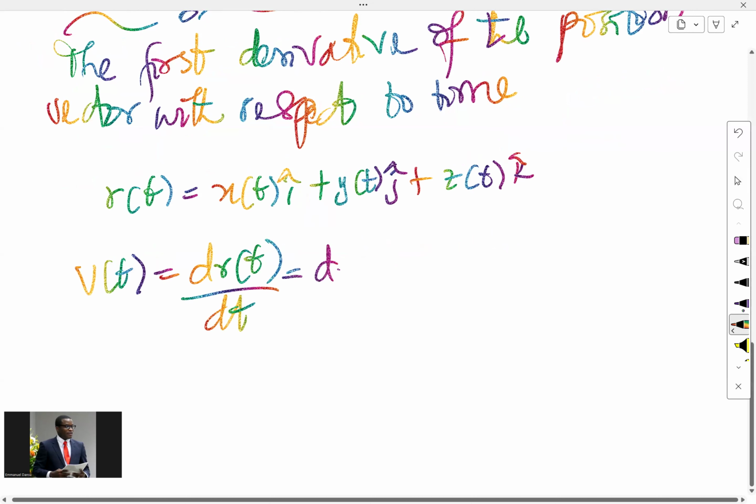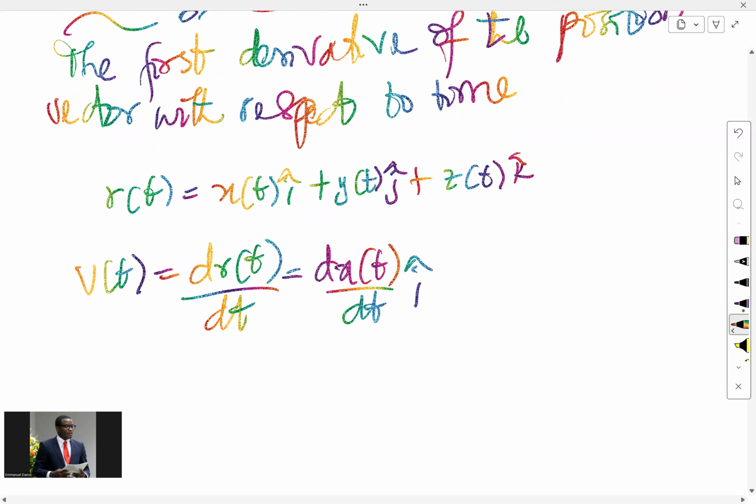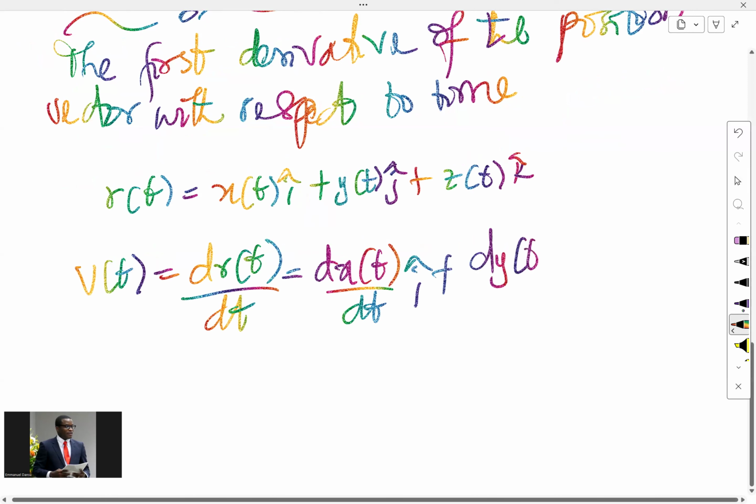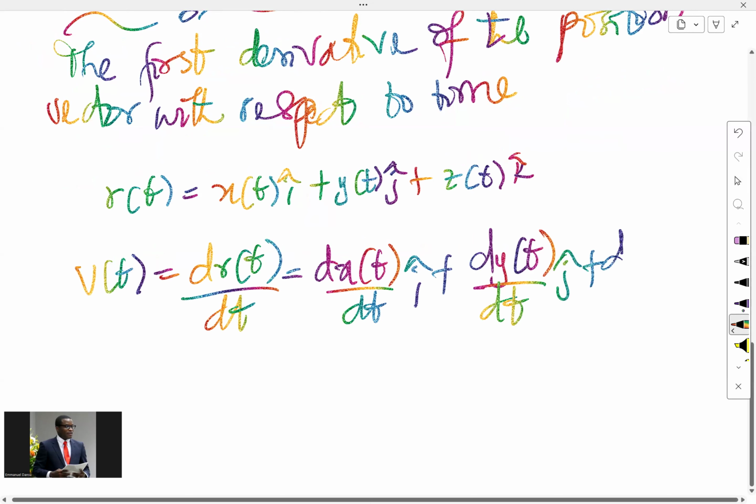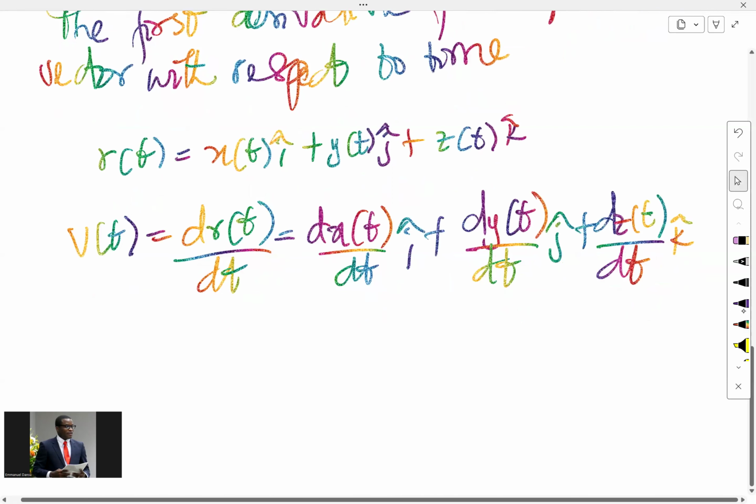And that is simply dx of t by dt in the direction of i plus dy of t by dt in the direction of j plus dz of t by dt in the direction of k.